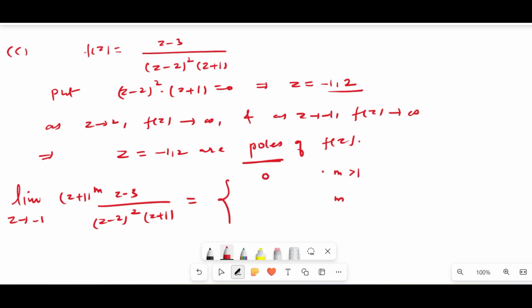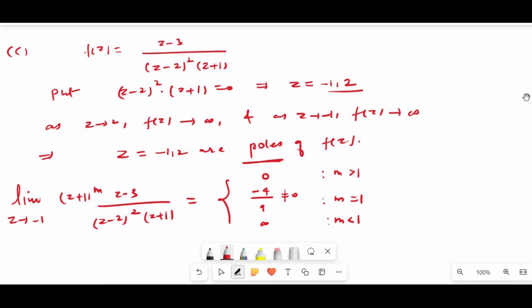If I take m is equal to 1, this limit will be, we can say the factor will be cancelled out. We can put the limit directly, that is negative 4 over 9, which is a non-zero quantity. And if I take m less than 1, obviously this limit will be infinity.